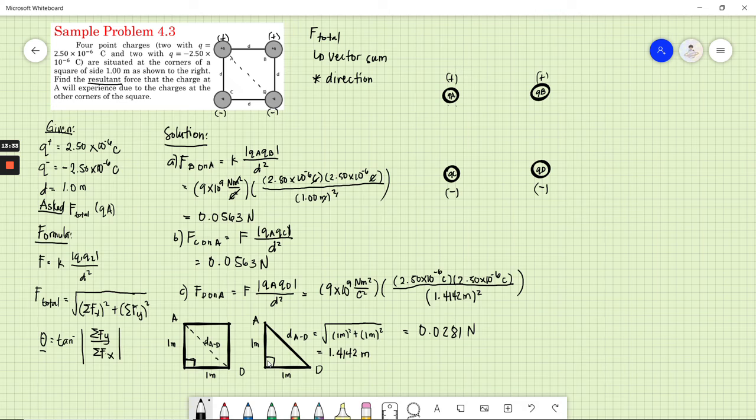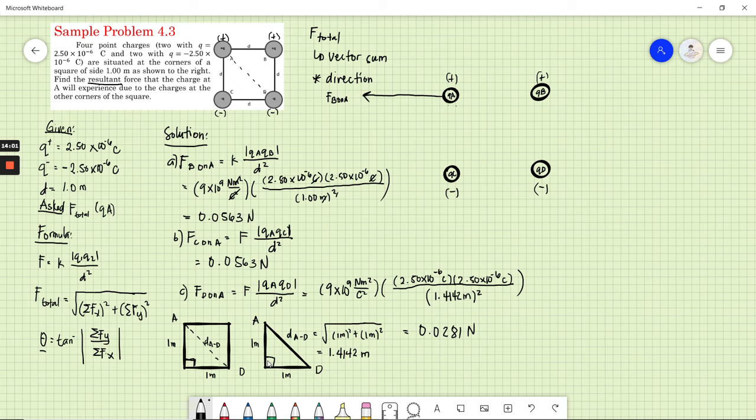We know that QB and QA have the same sign, so the force of QB on QA will be in the opposite direction. So the direction of the force would be going this way. So this is your FB on A. Next, what we're looking for is the direction of the force of QC on QA. We know that QC is negative, QA is positive, that means the force is attractive.